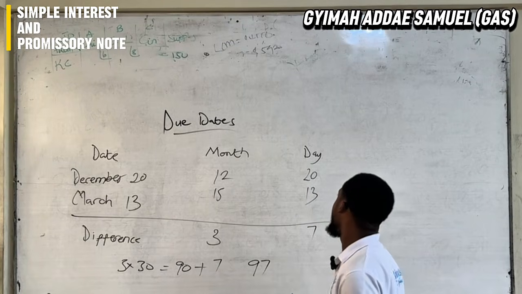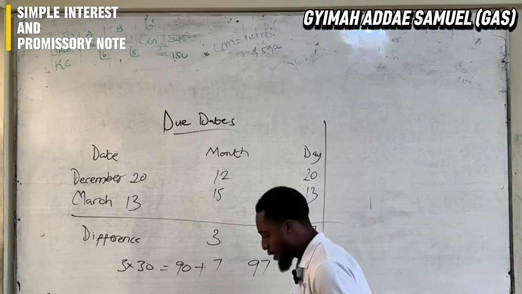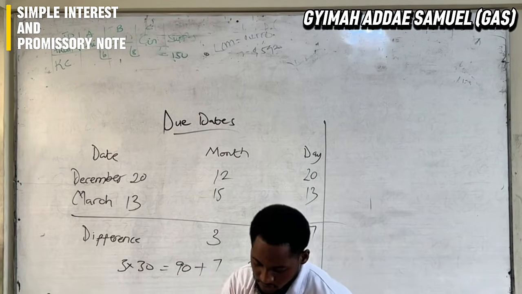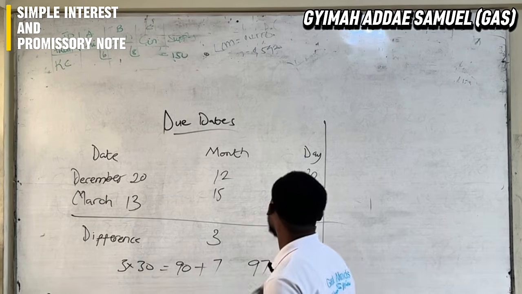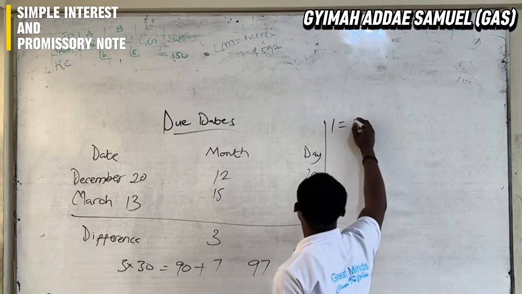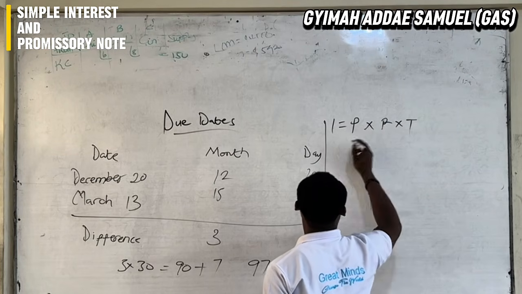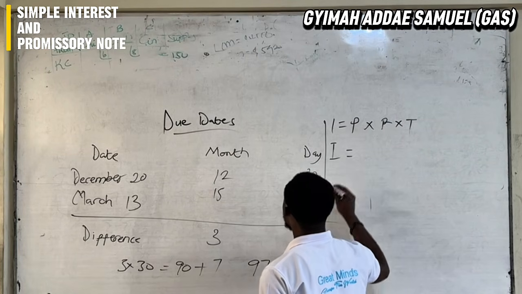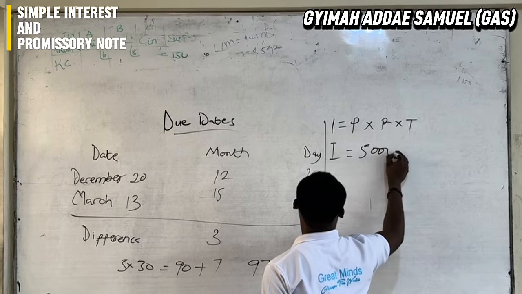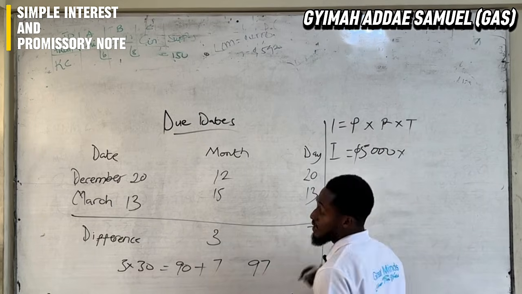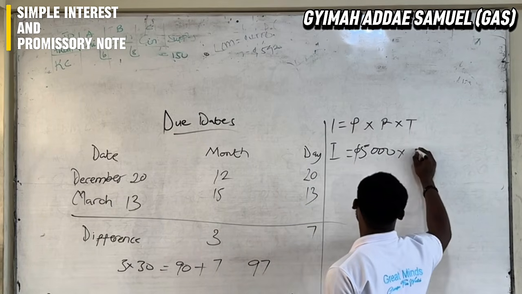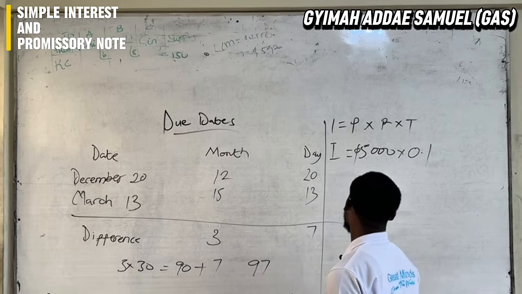We can now go ahead to find our ordinary simple interest. You state your formula, which is P times R times T. The P was given to be 5,000 Ghana cedis, and the rate was given to be 10%, which is 0.1.